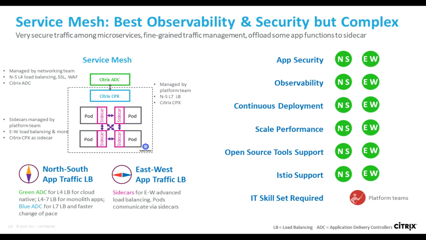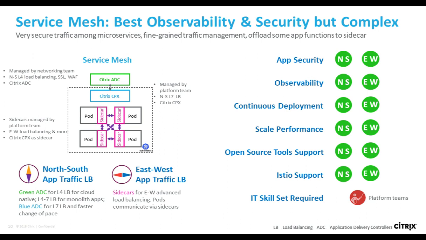For North-South, it is very similar to what you have seen in the first architecture. The key difference is for East-West traffic. Here, for each microservice pod, there is a sidecar attached. Think of a sidecar as a mini application delivery controller.